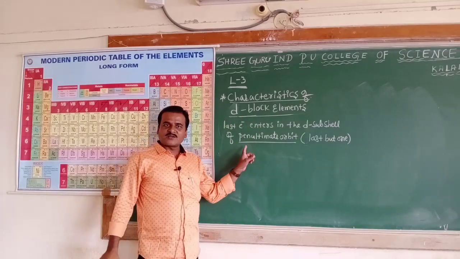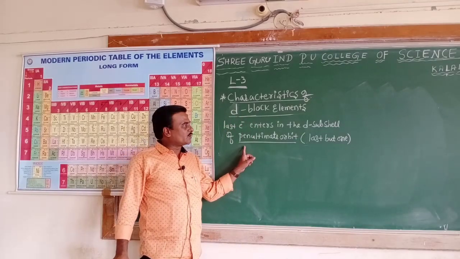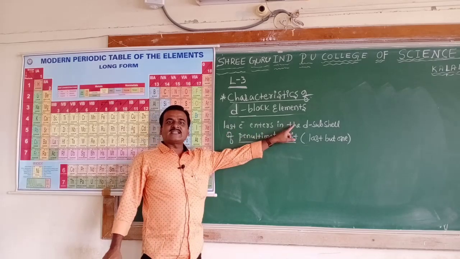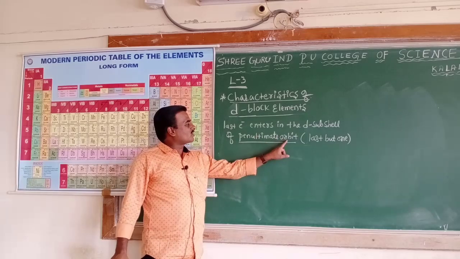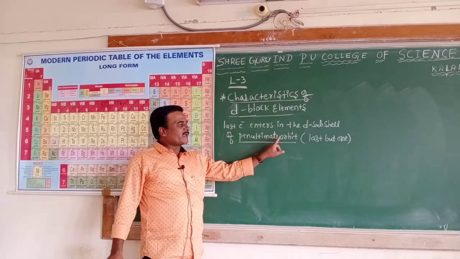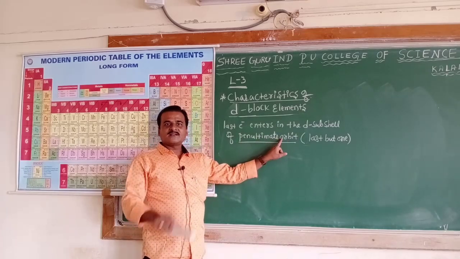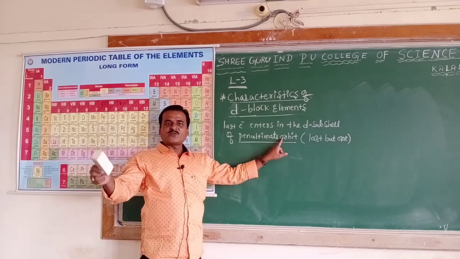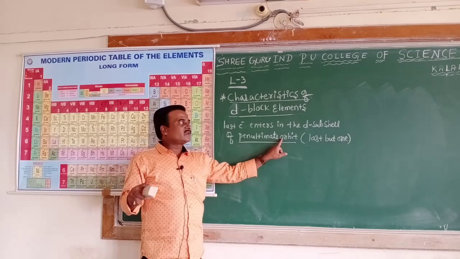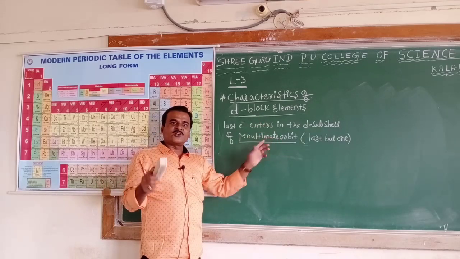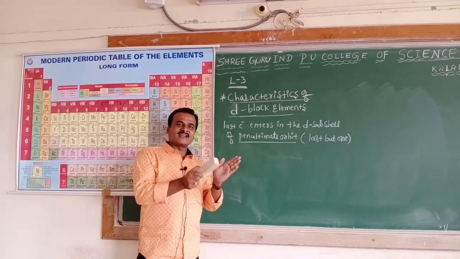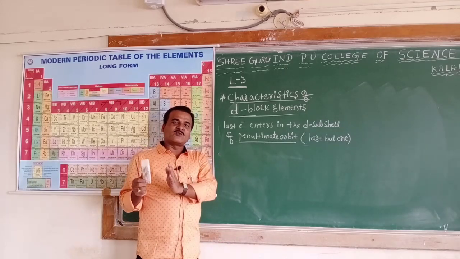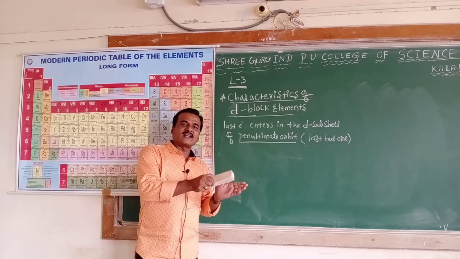So the elements in which the last electron enters into the d subshell of the penultimate orbit, last but one. If the outer shell n value is 4, then the electron enters into 3d. If the outer shell n value is 5, then the electron enters into 4d.